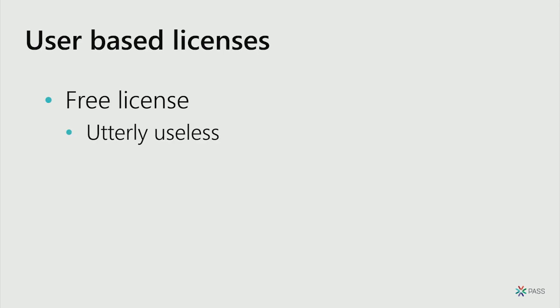So we've got 3 types of user-based licenses. It's going to be really easy to keep track of this. The first one is free. This is trash. You don't want to use this. Just telling you right now. And there's a couple reasons. The first one is you can't share anything with a free license.